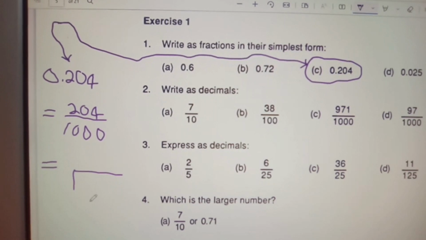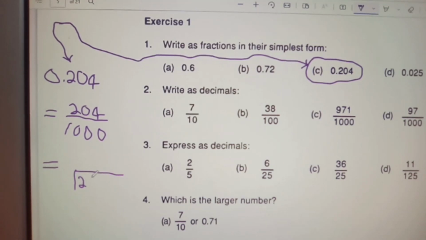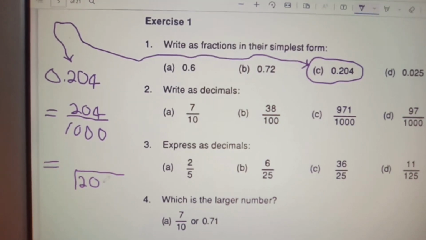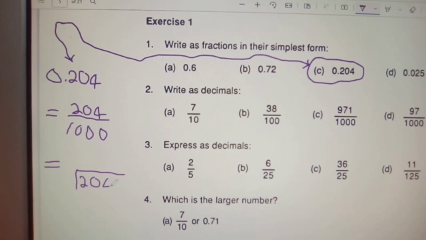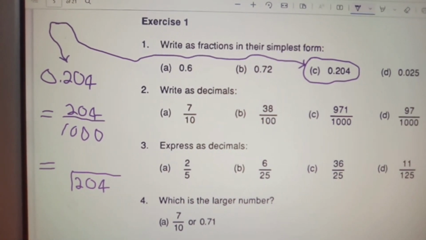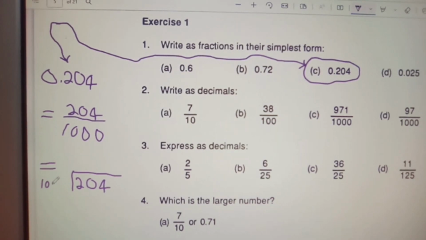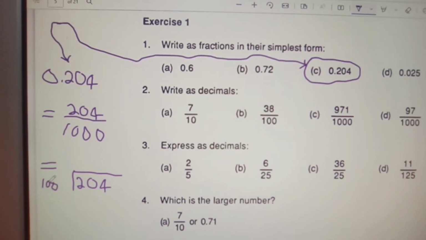I'm going to put a bracket, right, and inside the bracket I'm going to put 204. Now outside the bracket I'm going to put 1000. Sorry about that.